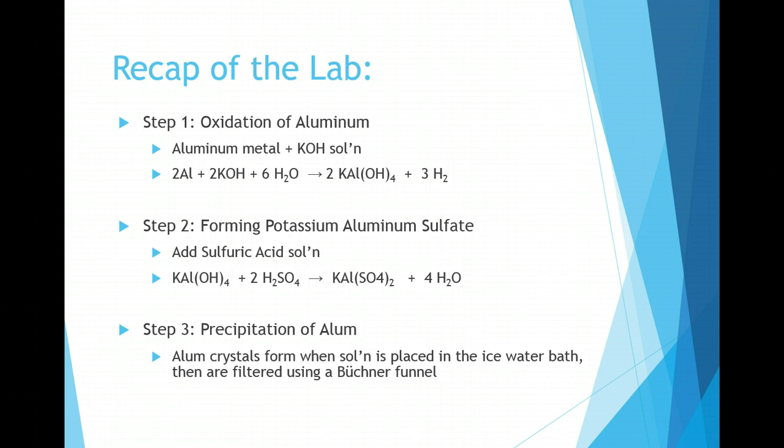And those alum crystals will actually form in that ice water bath because the solubility of alum decreases as the temperature drops. And once we crystallized the alum and recovered the crystals, then we filtered them and recovered them using a Buchner funnel. And so the last step is really forming the alum, including the 12 waters of hydration as those crystals form.